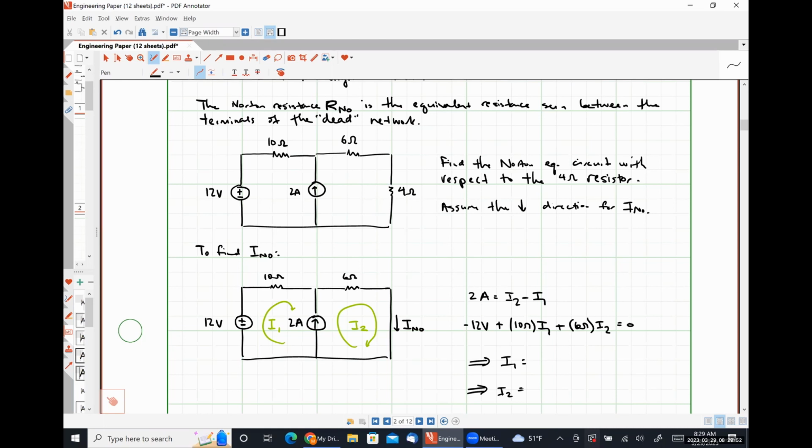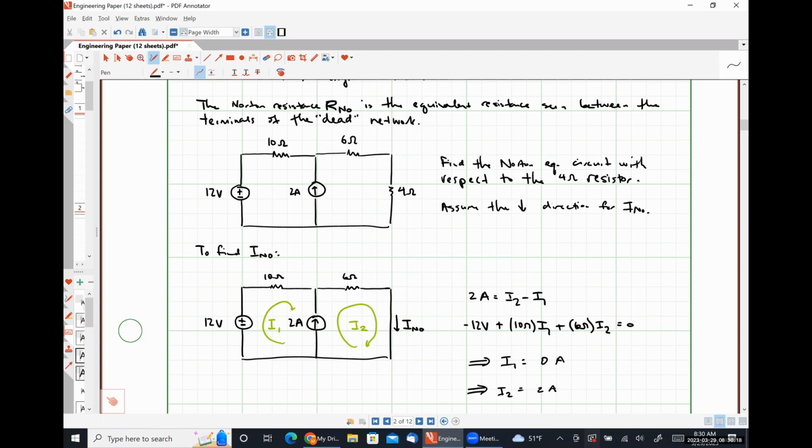My constant term is 12. Solving, I get I1 is 0. And I2 is 2, which I'm honestly a little surprised about.